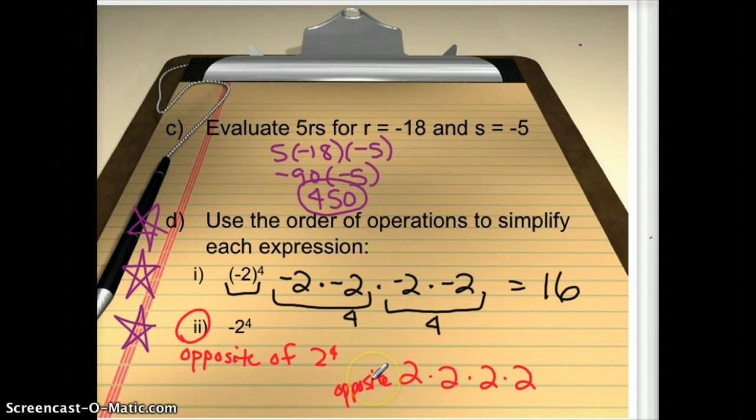So 2 times 2 times 2 times 2 is 16, but I want the opposite of that. So this answer is negative 16. Okay, so that's going to be important to know, that if the number is not in parentheses, I just take the 2 to the fourth and then I take the opposite of it. For the first one, I'm actually taking negative 2 and multiplying it by itself 4 times.